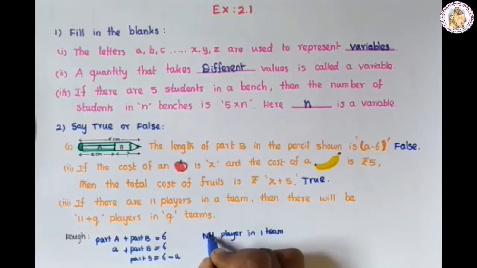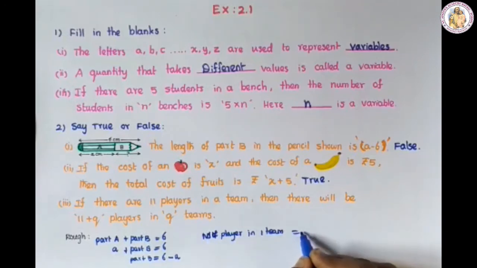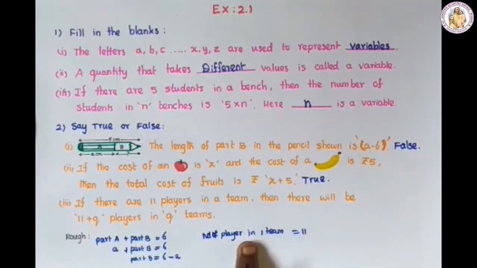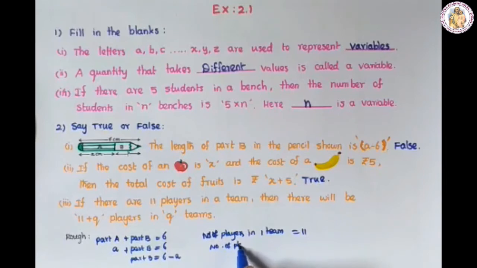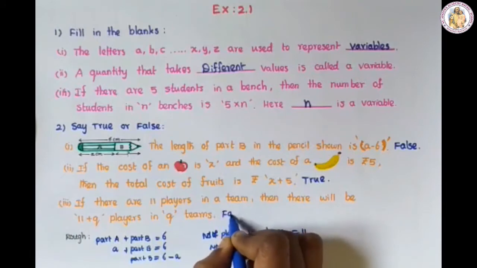So the number of players in q teams means what we have to do? Multiply with 11, 11 into q. But they gave 11 plus q. So that is a false statement.